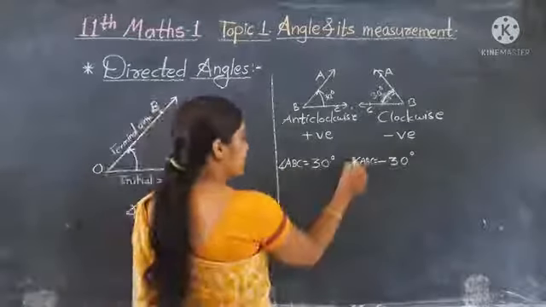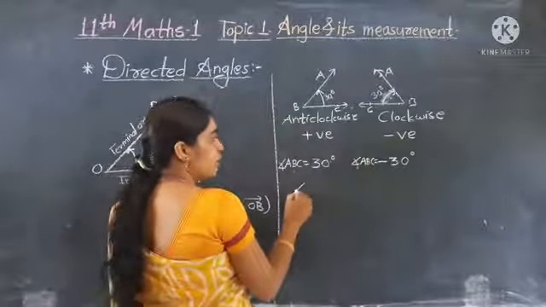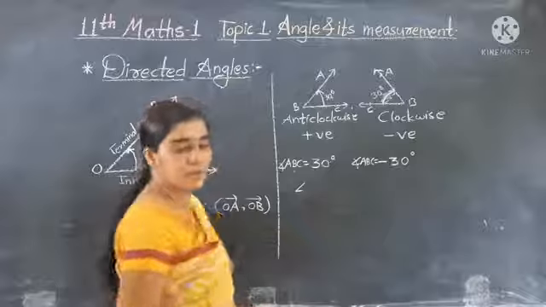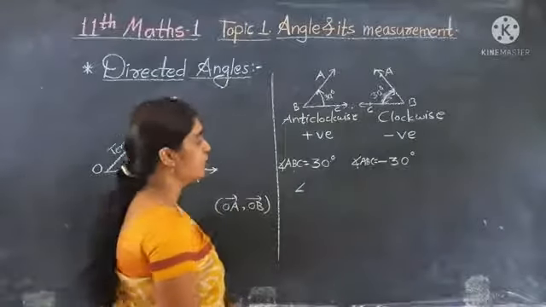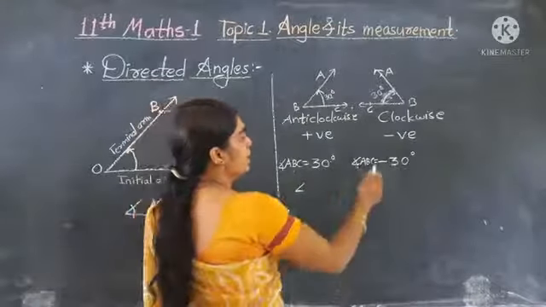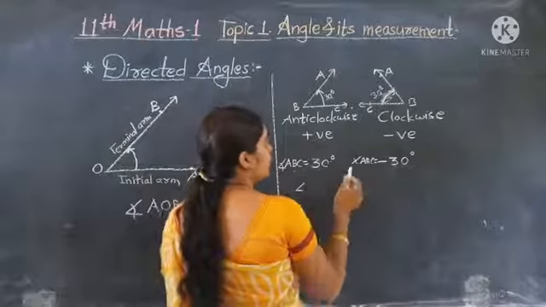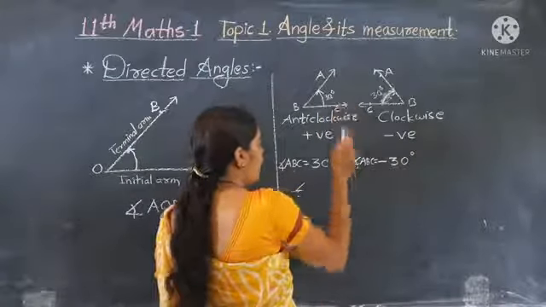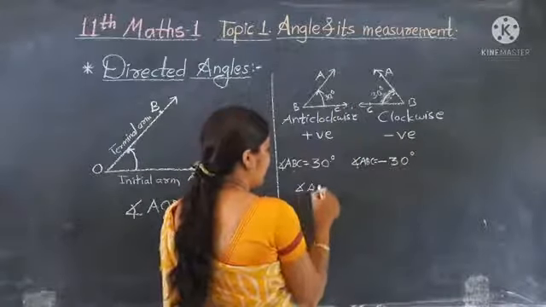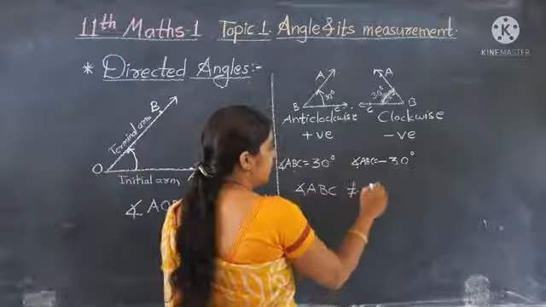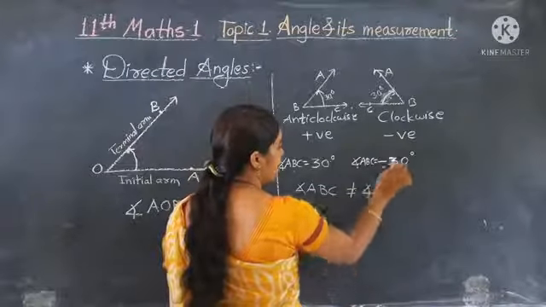This is a directed angle. Here both angles are not the same. Directed angle ABC is not equal to directed angle CBA.